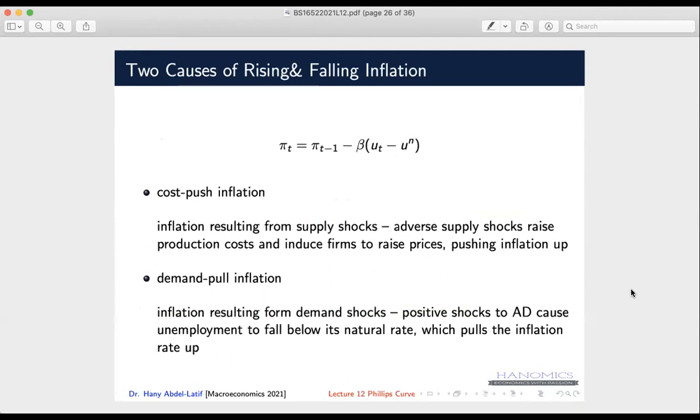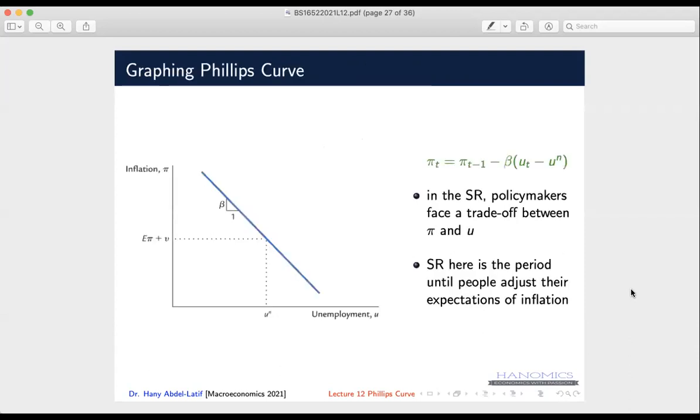We also discussed two causes of rising or changing inflation: cost push inflation and demand pull inflation. So the second question in our tutorial sheet is to explain both demand pull inflation and cost push inflation.